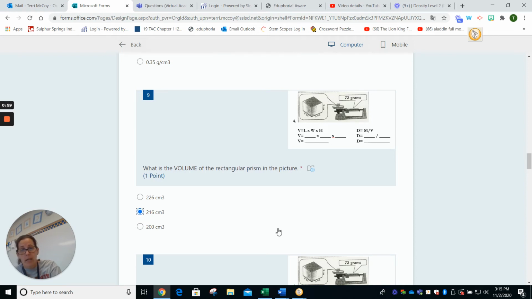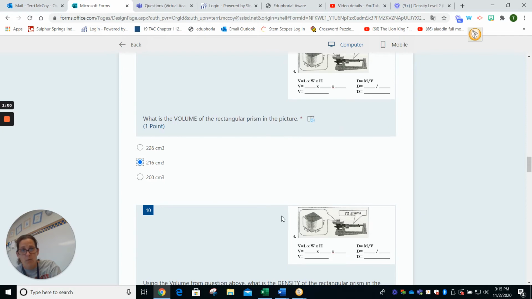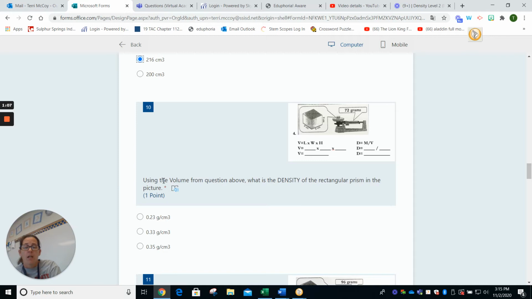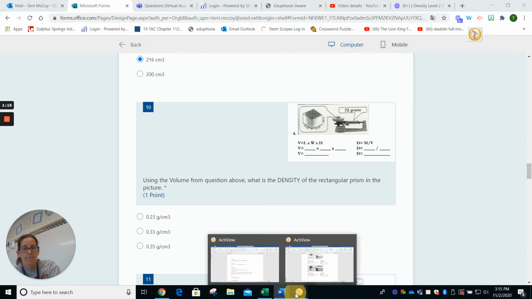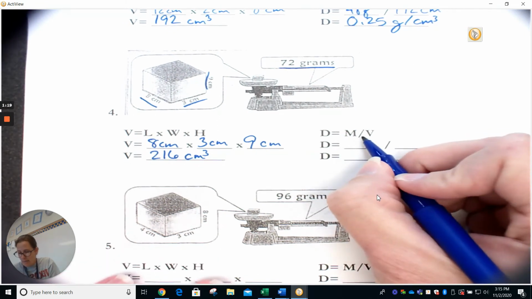Okay, so let's go look down here. So notice we've got number 4, and here we have number 4 again. Now we have to, using the volume from the question above, find the density of the rectangular prism in the picture. So let's figure out that density. Okay, density equals mass divided by volume.